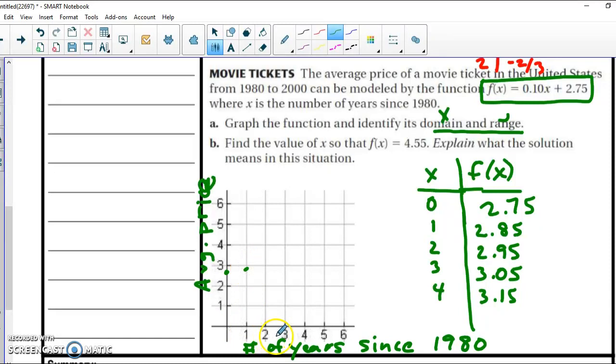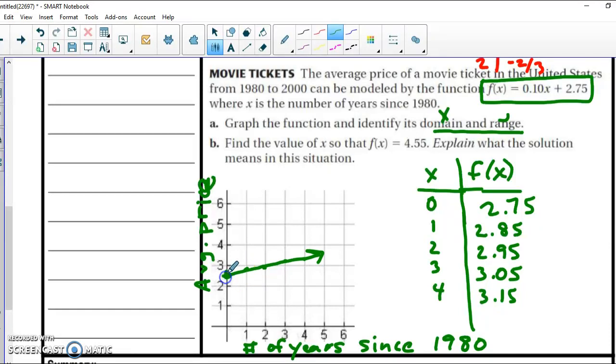Then over 2 and up 295. Then over 3 and up 305. And then over 4 and up 315. Not my most precise plotting, but we kind of get the idea.